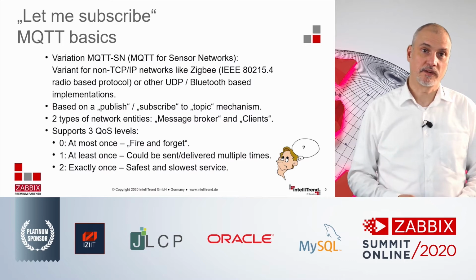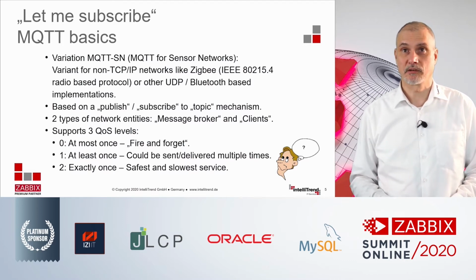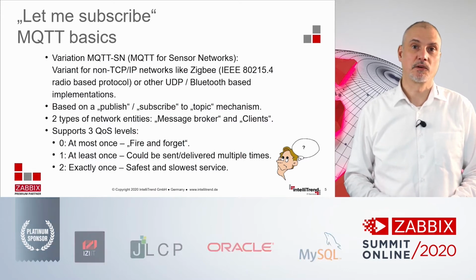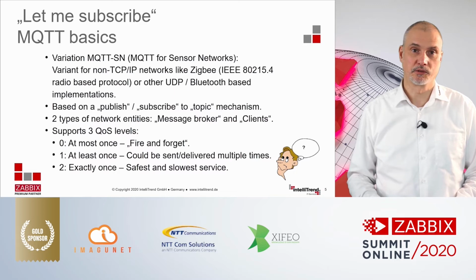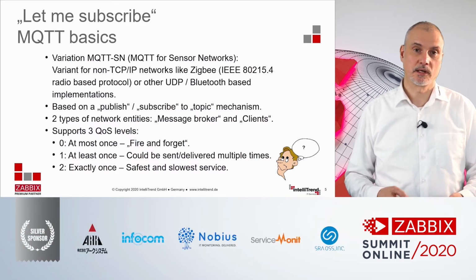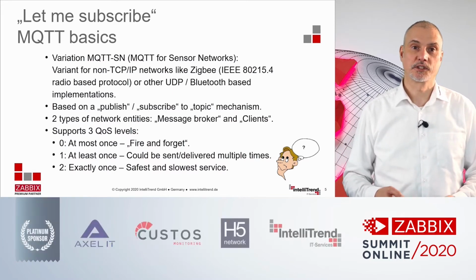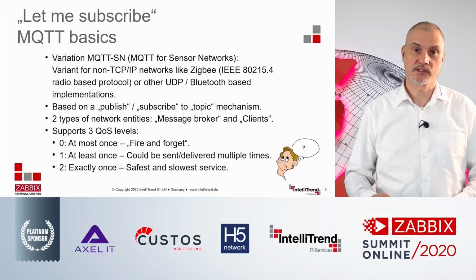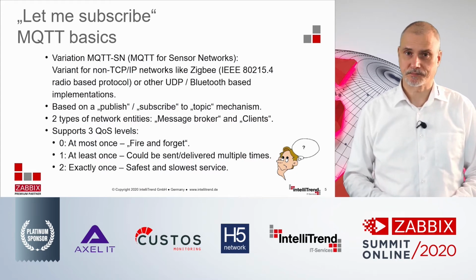There's a variation of MQTT available, called MQTT-SN or MQTT for sensor networks, which is used for non-TCP/IP networks, like for example Zigbee, UDP or Bluetooth. And MQTT itself uses, and that is really important to understand, a mechanism based on the publish and subscribe pattern. We will look into this in a minute.